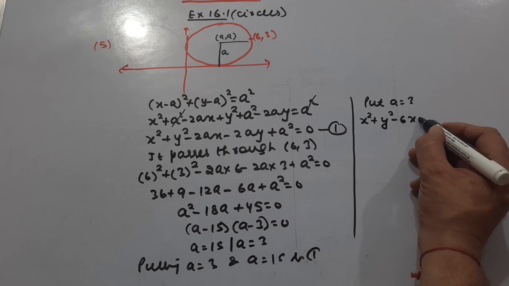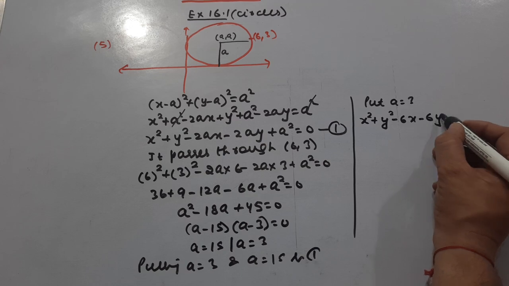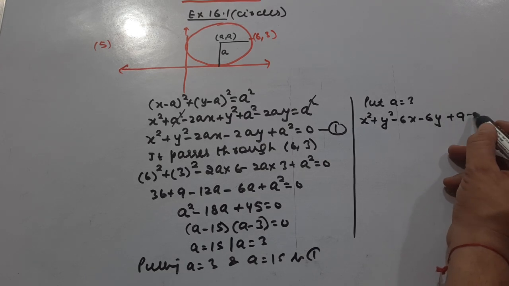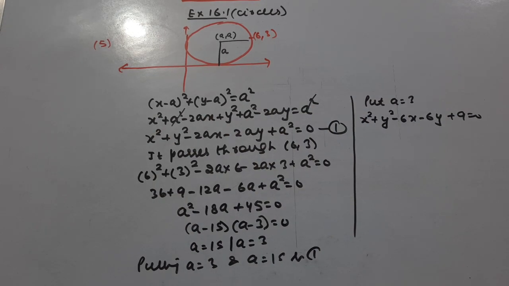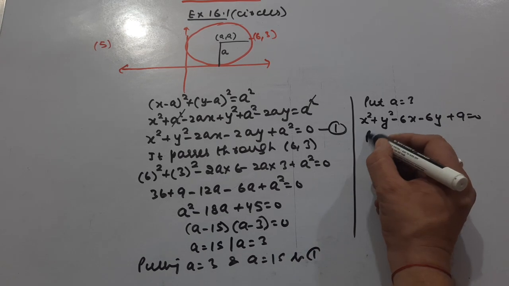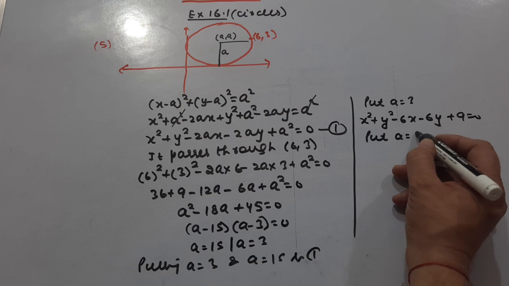When we put a equal to 3, the equation becomes x square plus y square minus 6x minus 6y plus 9 equal to 0. And then we put a equal to 15.